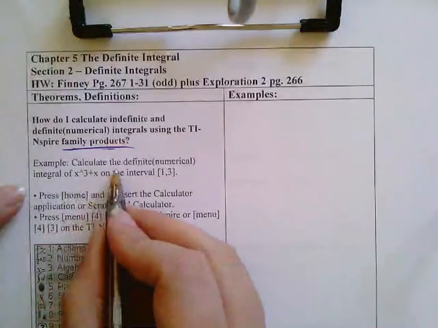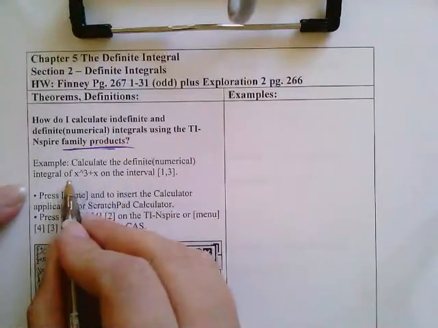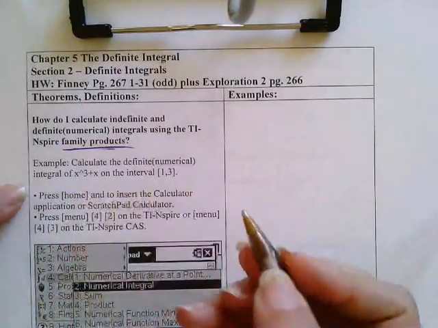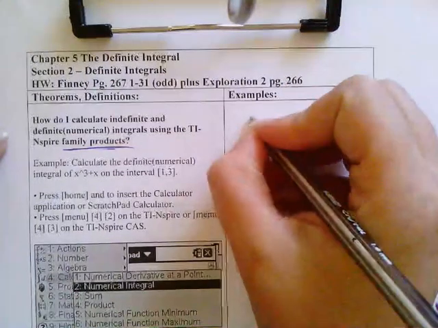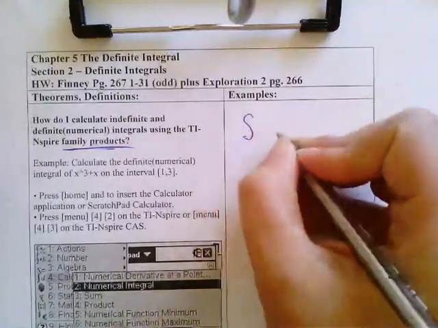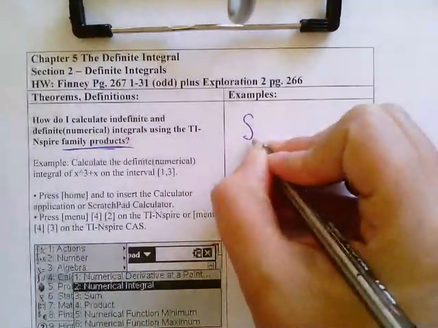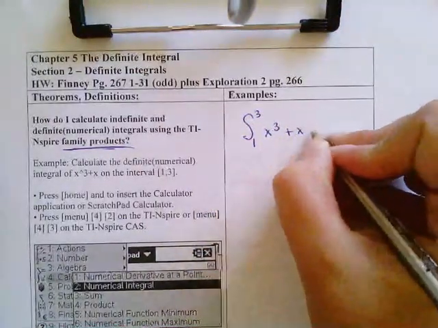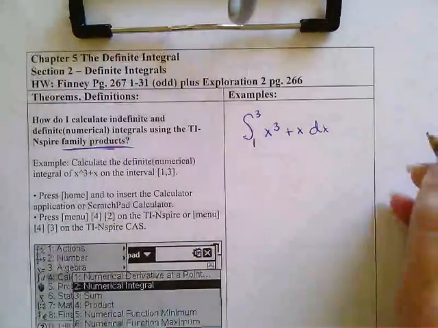So for example, we're going to calculate the definite integral of x cubed plus x on the interval from 1 to 3. So we want to do the definite integral from 1 to 3 of x cubed plus x dx.